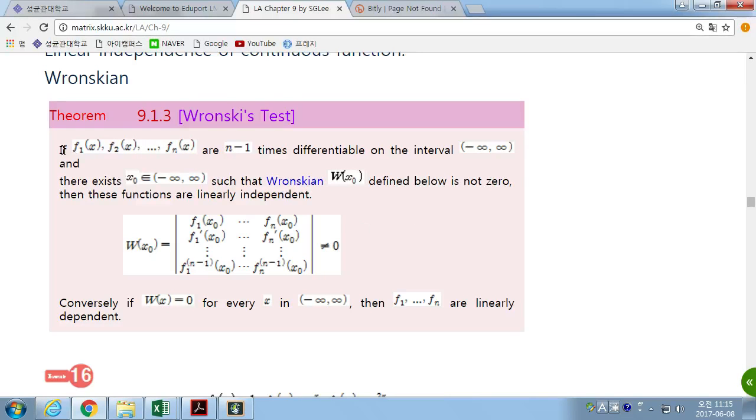Easy. Whenever you have differentiable continuous functions, you can always find the matrix, and you can always easily find the determinant of it. If it's not a zero function, then these functions are linearly independent.